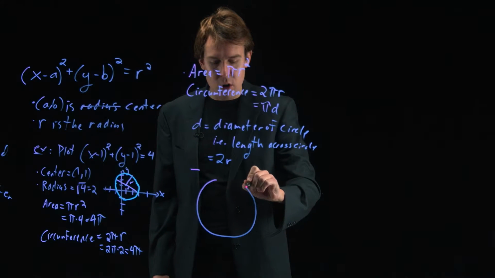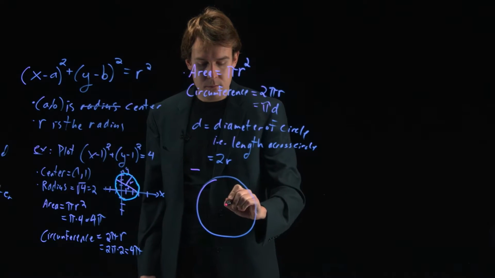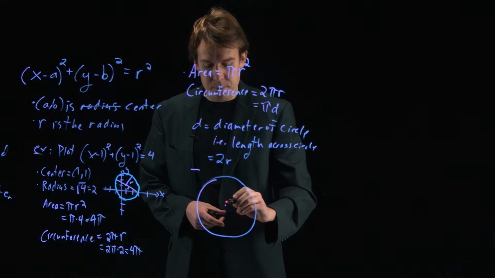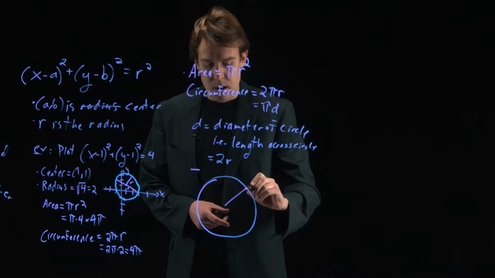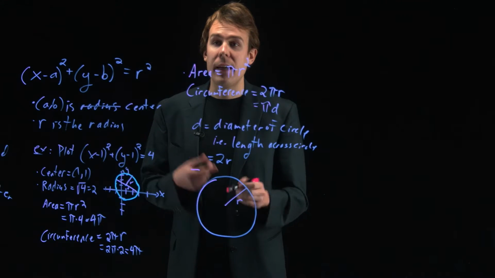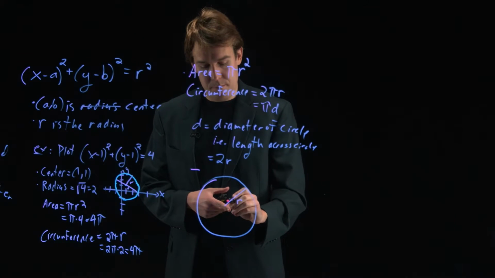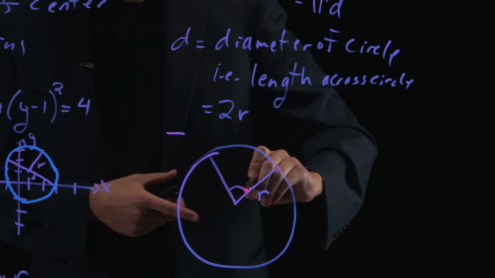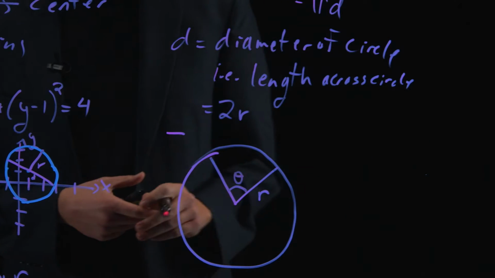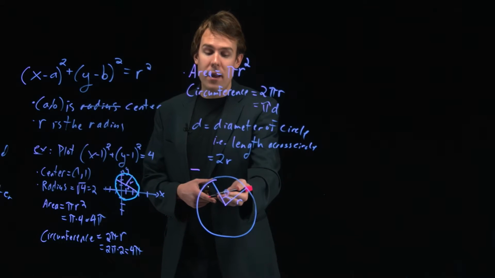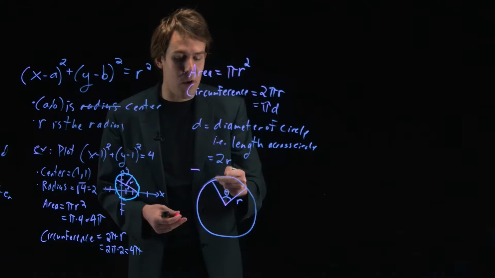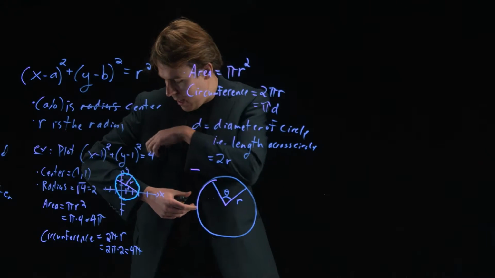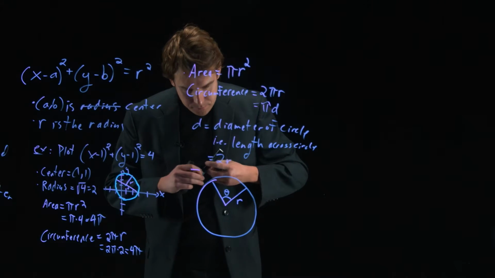If I have some circle, the known center, and a known radius, I can consider the following problem. I can look at cutting out an arc with a corresponding angle theta and try to ask, what is the length of this arc?